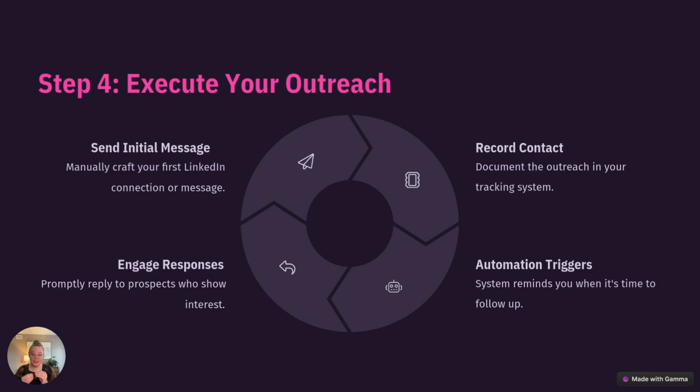And if you've not had a response, you're going to set up an automation to send a follow-up email to that individual, essentially that template that you created. And if they have engaged, then that's going to go into another system.